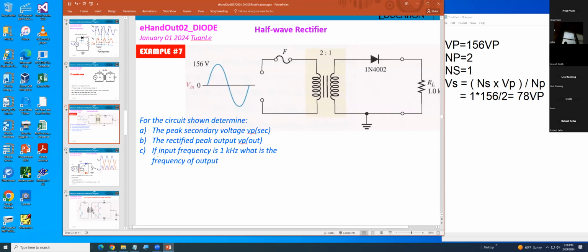Now they say the rectified peak output, that means the voltage right here. Would it be 78 minus 0.7? Perfect. 78 minus 0.7 for the diode, and that will be the output voltage.